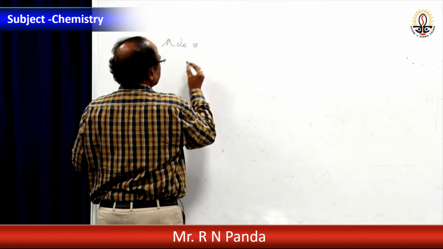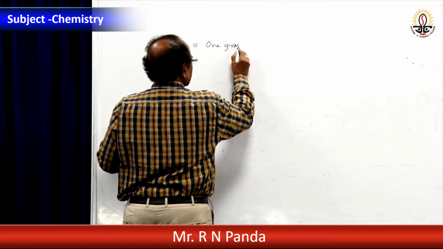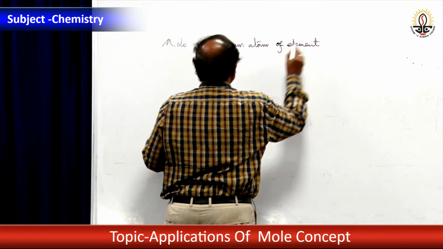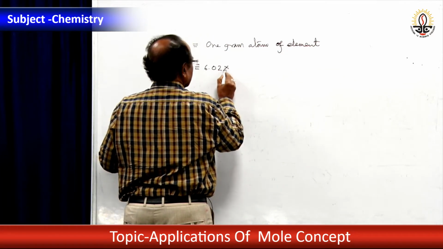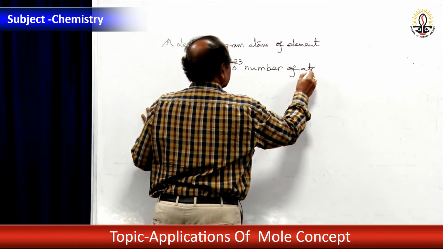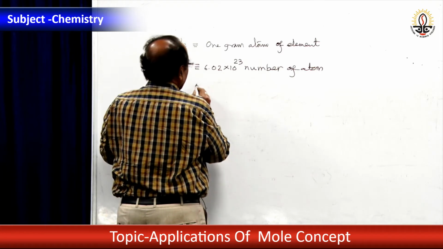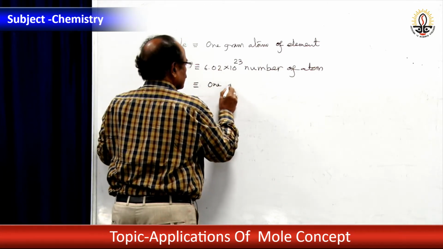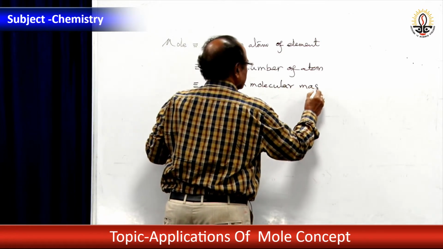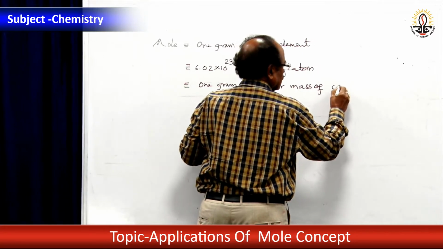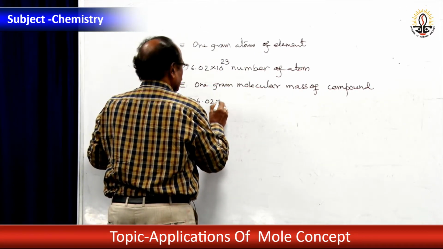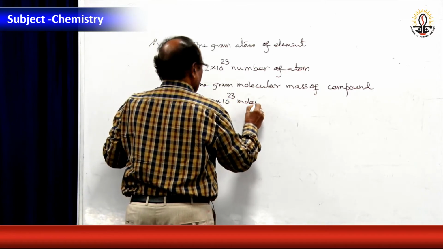So, mole is equal to 1 gram atom of element, that is equivalent to 6.02 into 10 to the power 23 number of atoms. 1 mole of atoms means this much, and that is equal to 1 gram molecular mass of compound, and that is equivalent to 6.02 into 10 to the power 23 molecules.